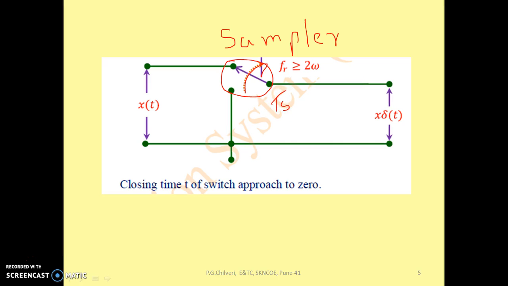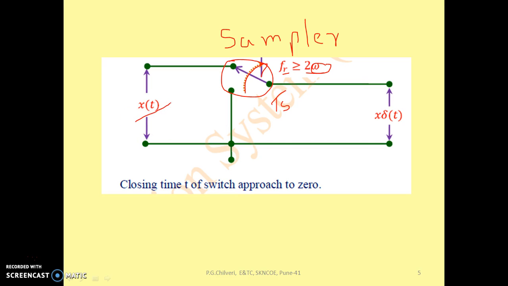Ts is nothing but the sampling interval. Fs is the rate of sampling, the sampling frequency, which is greater than or equal to 2 omega, where omega is the maximum frequency content of the input signal.